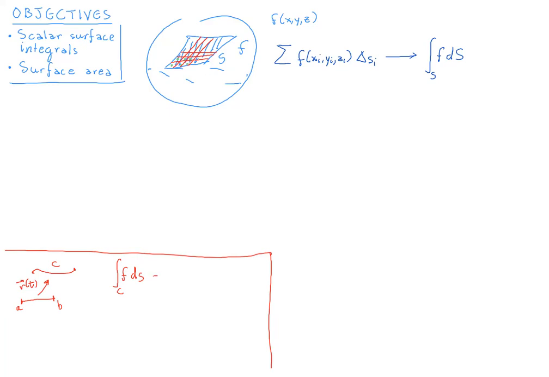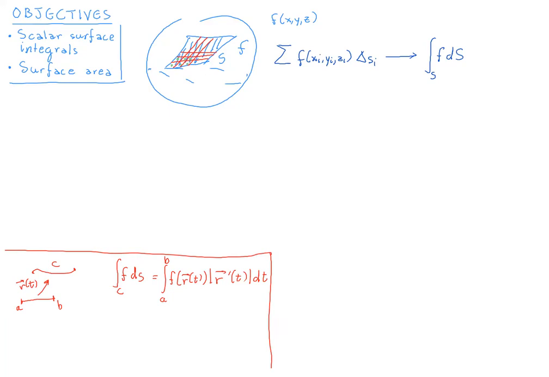Eventually, this integral ended up being the integral from A to B of f of r of t times the speed, where AB was the interval of the parameterization.